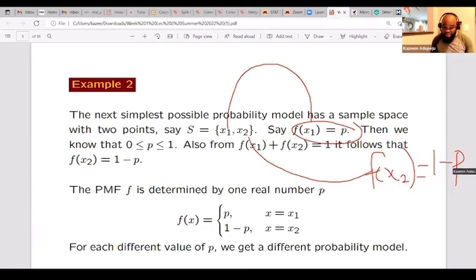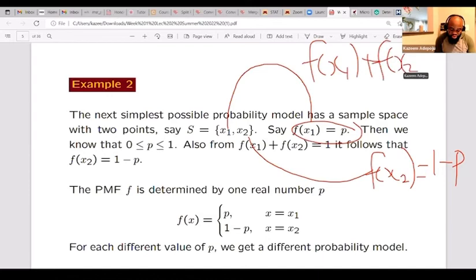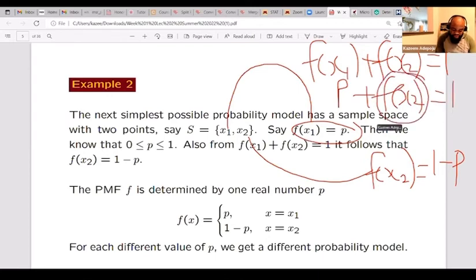Why is it 1 minus p? Don't forget, we expect f of x1 plus f of x2 to be equal to 1. You remember yesterday, one of the properties of a probability mass function: the sum of the probabilities must equal 1. You get what I mean? Now, don't forget I said f of x1 equal to p. So p plus f of x2 equal to 1. So if I want to get f of x2 now, it's basically going to be 1 minus p.